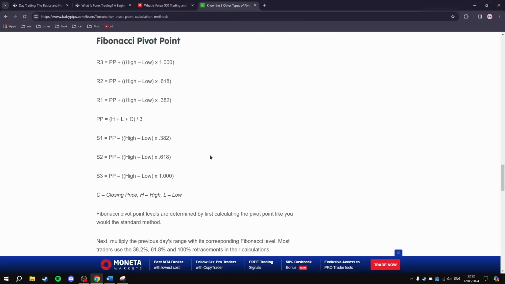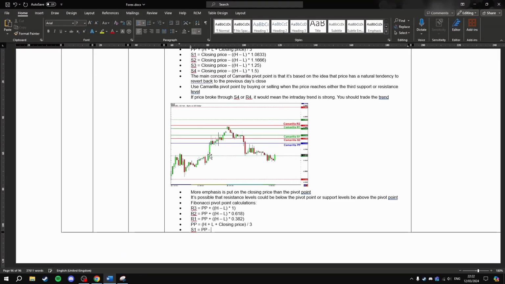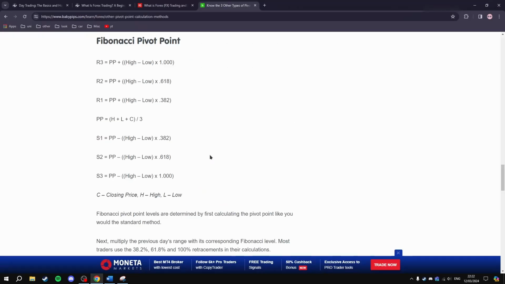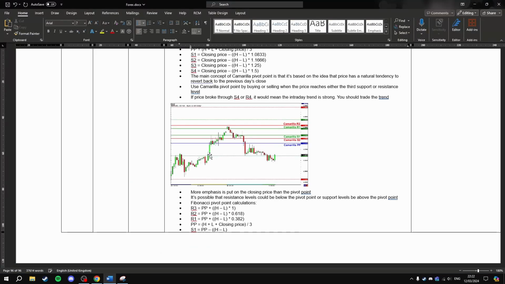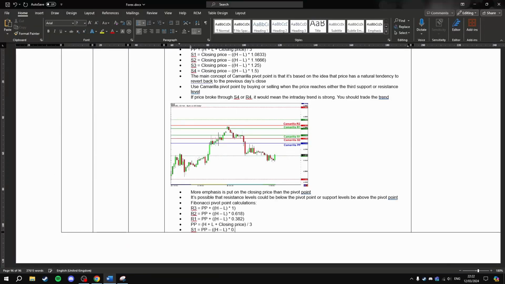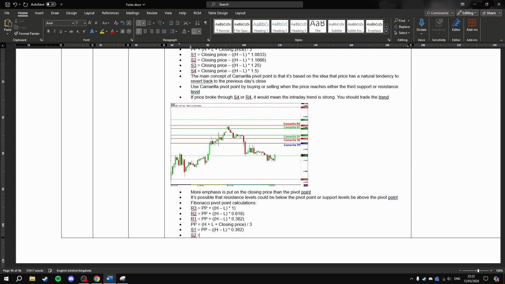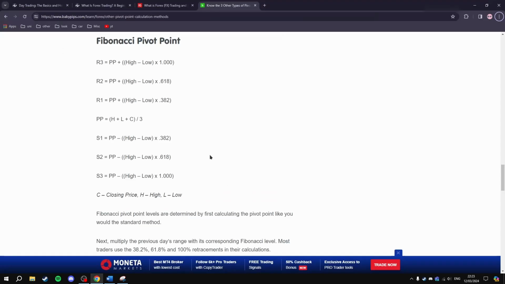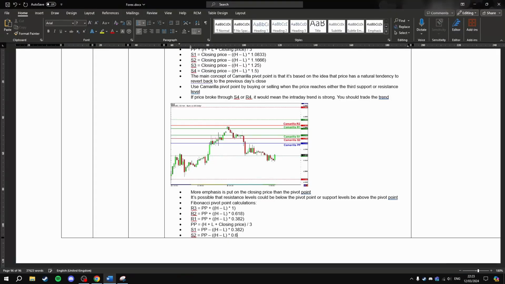Support 1 is equal to PP minus high minus low times by 0.382. S2 is equal to PP minus high minus low times by 0.618.